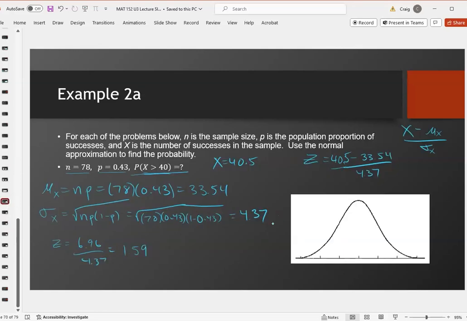For a z-value of 1.59, that's going to put us right about here on the distribution. We want the area that's above a z of 1.59. To do that, we would use Excel. Remember that Excel gives you the area to the left.